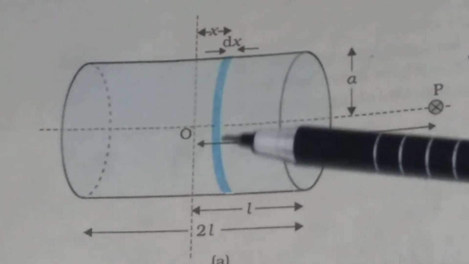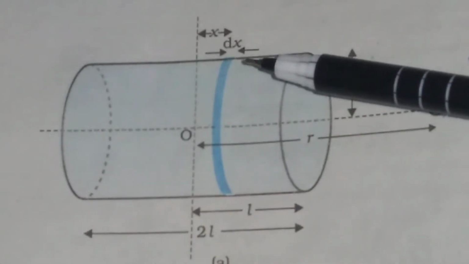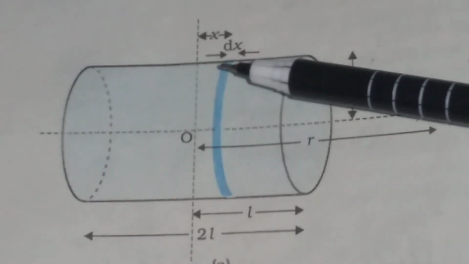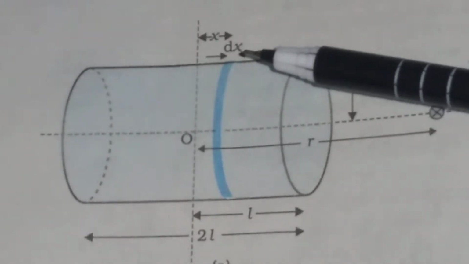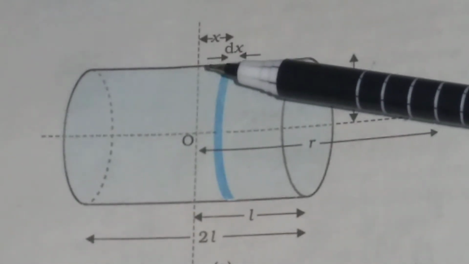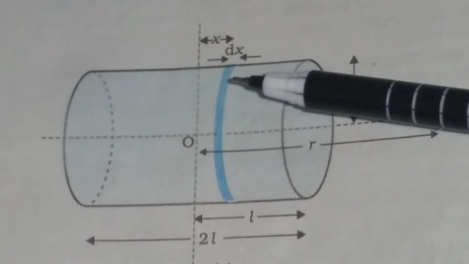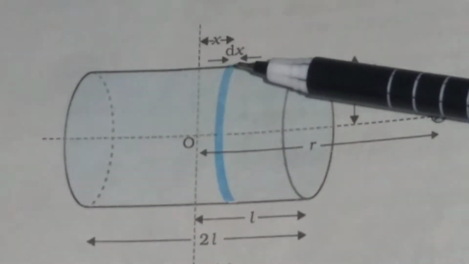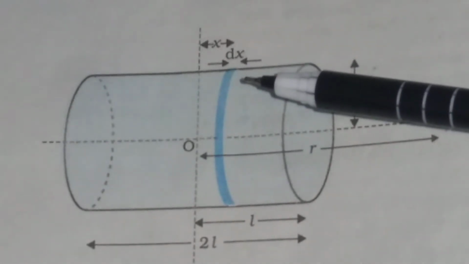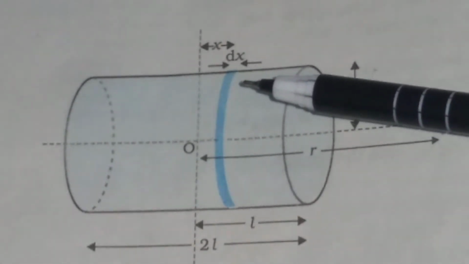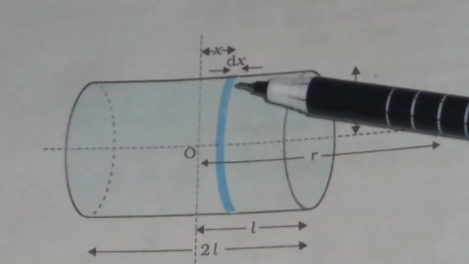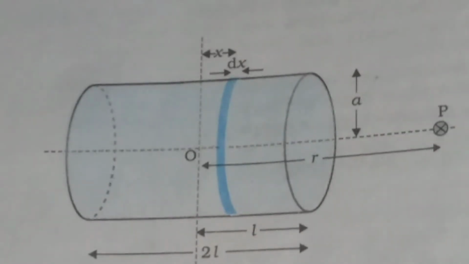This is a circular element of thickness dx, taken at a distance x from the center of the solenoid O, and the number of turns in this thickness dx will be equal to n into dx, because n is the number of turns per unit length. So the number of turns in this element of thickness dx will be equal to n dx.